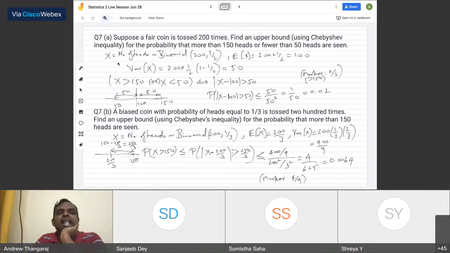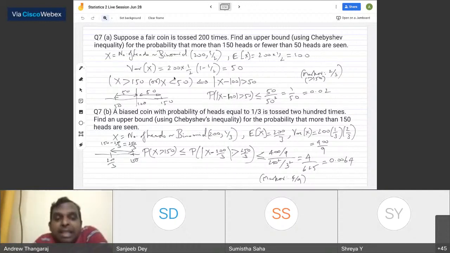First thing is to identify the random variable. Here x is the number of heads when the fair coin is tossed 200 times. So that is binomial with n equals 200 and p equals half. From there you find the expected value of x, which is 100, and the variance of x, which is 50.